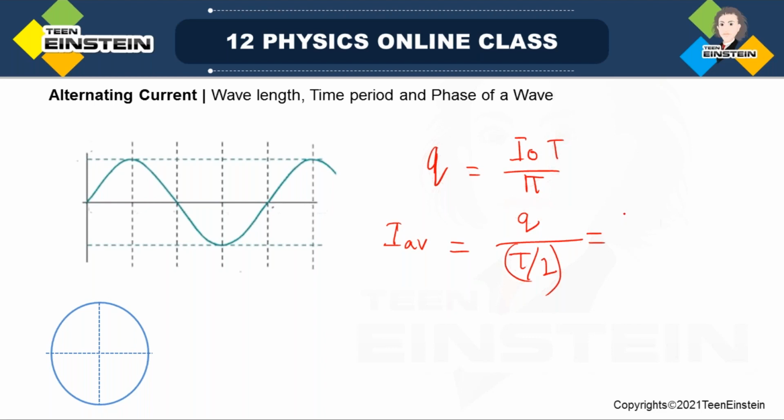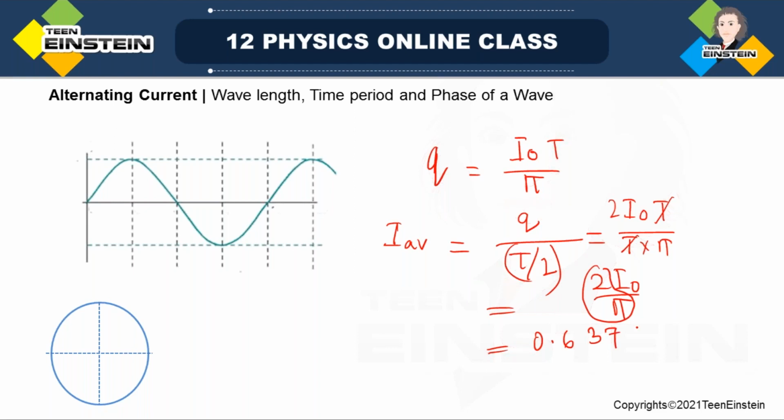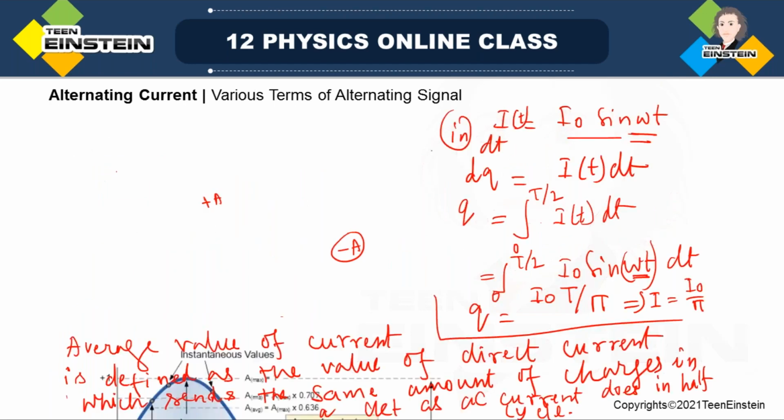So you get I0 T by 2 into T into pi. T goes off, so you get 2I0 by pi. This value will be 0.637 into I0.